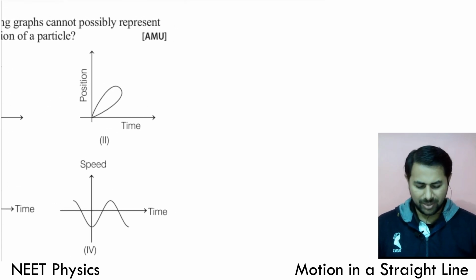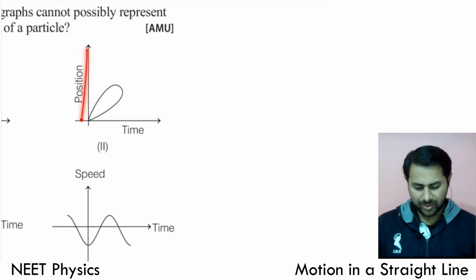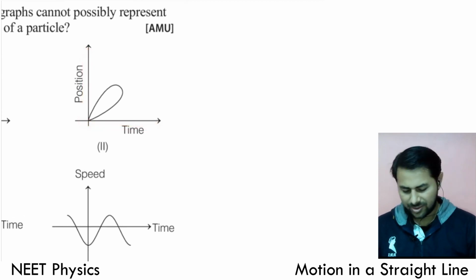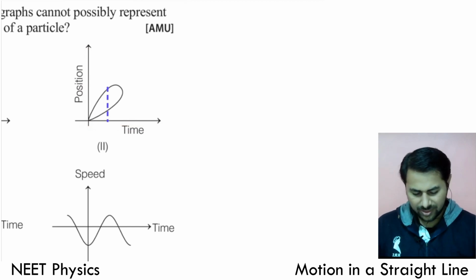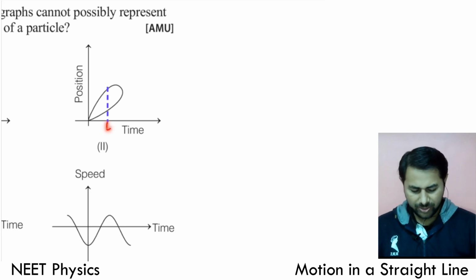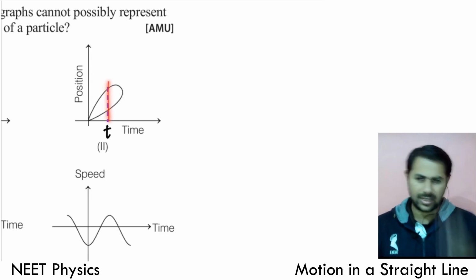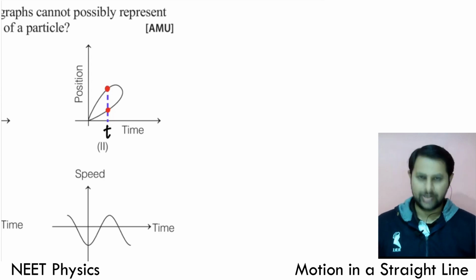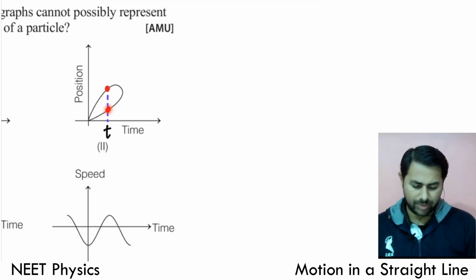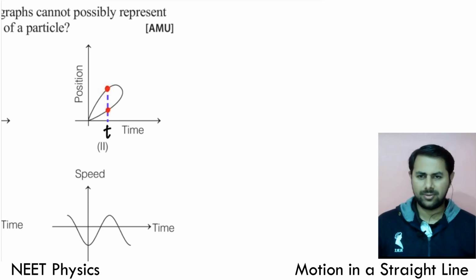So for example, if we think of this graph, this is a position versus time graph, and if you take some time, suppose this one, and you draw a straight line on the graph, you get these two positions, this position as well as this position, right? So at this time the graph is saying that the object was here also and here also.